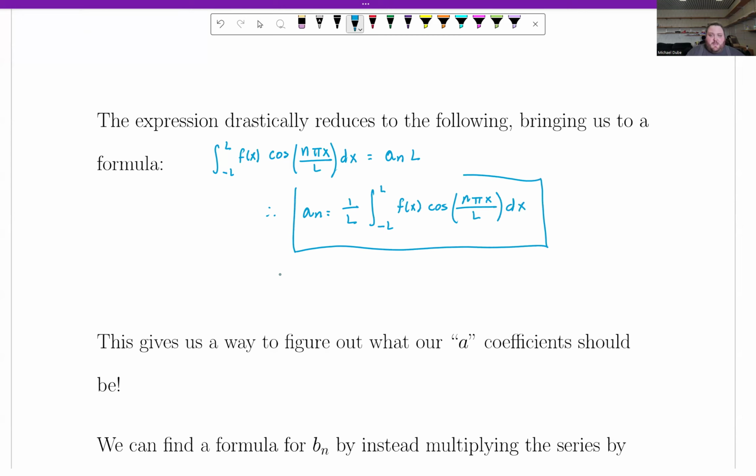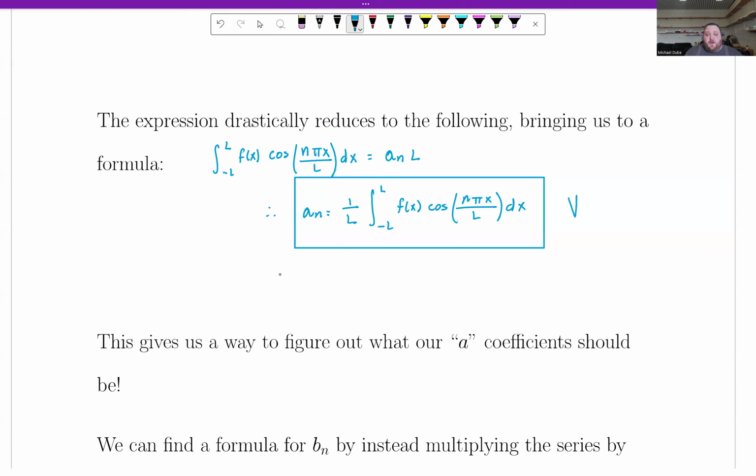Okay, good. So that means we can find all of our values A n by using this formula. We take our original function, multiply it by this cos, integrate, and then divide by L, and we get the value of A n, right? And remember, L itself is half of the period of our function f of x.